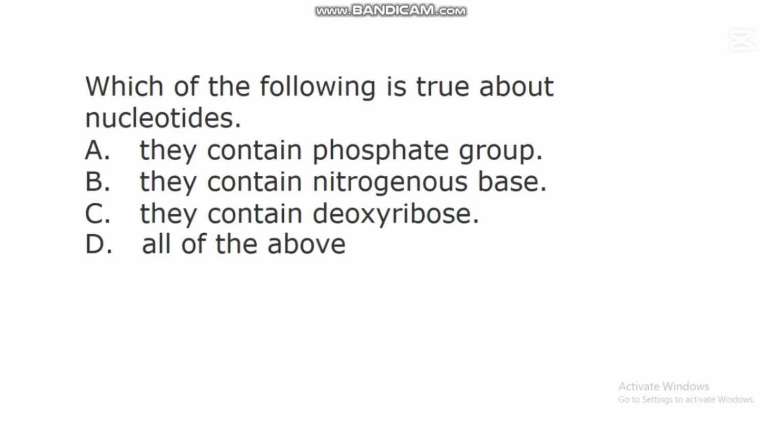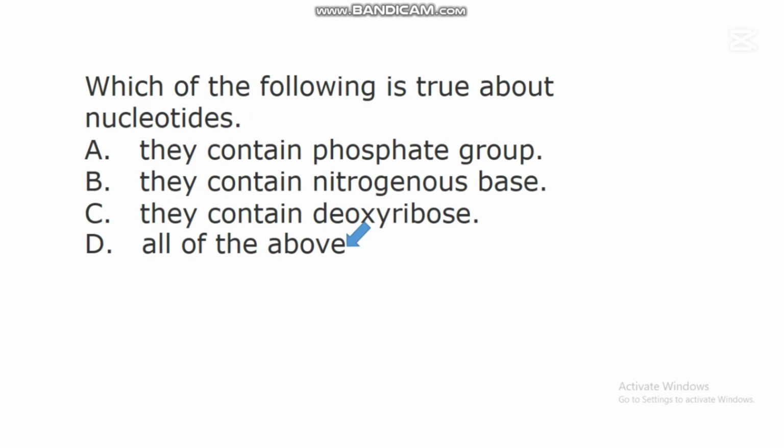The next question says, which of the following is true about nucleotides? A. They contain phosphate group. B. They contain nitrogenous base. C. They contain deoxyribose. D. All of the above. In this question, the correct answer is D. All of the above.